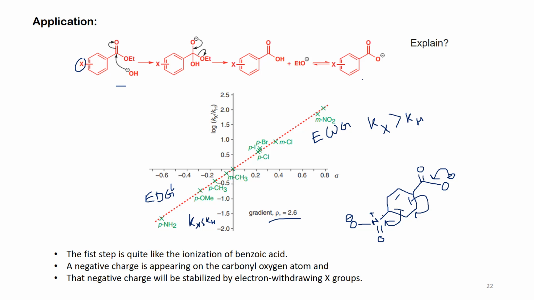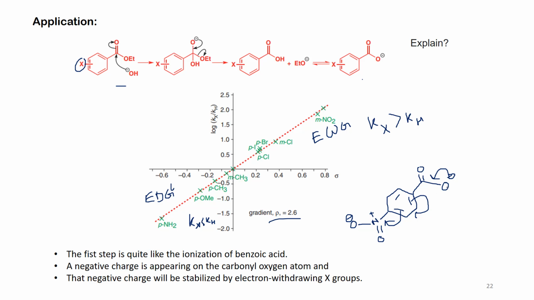Due to the presence of this NO2 group, this intermediate gets stabilized, and from the Hammond postulate, what we have to learn is that as much as the intermediate gets stabilized, the activation energy required for that transition state also gets reduced. So you just have to correlate the Hammond postulate, after that Hammett.